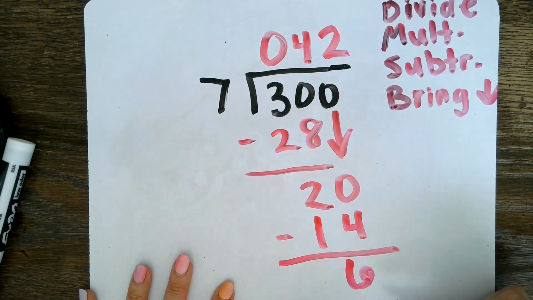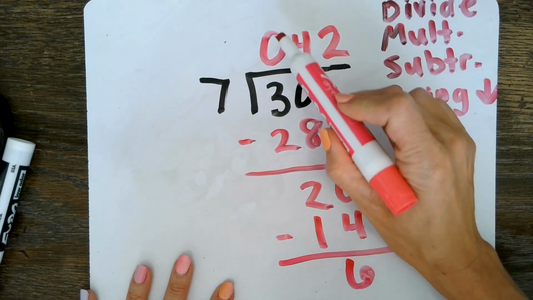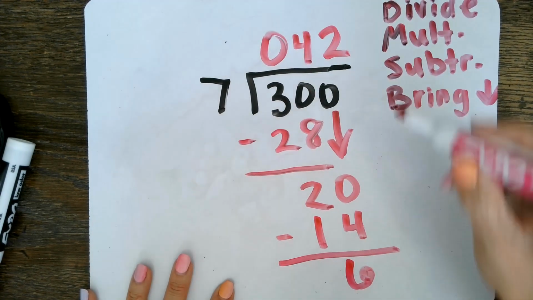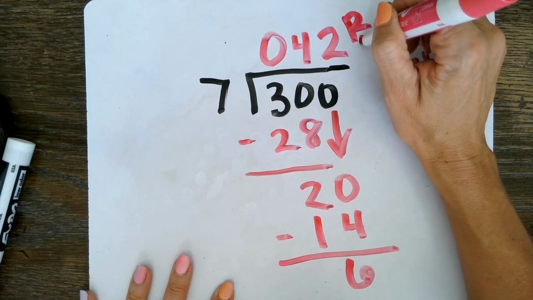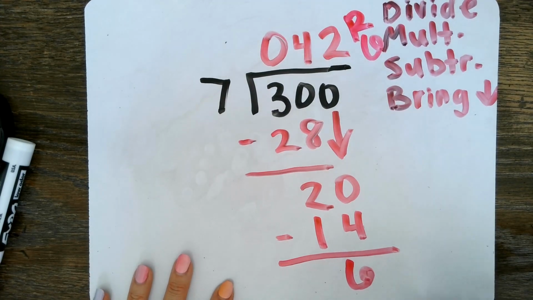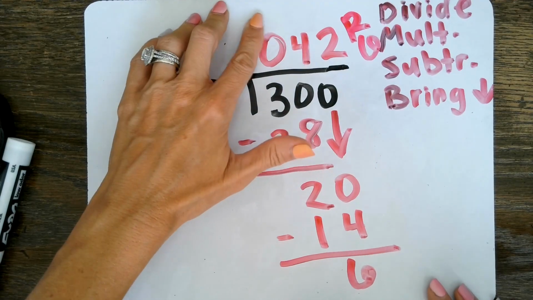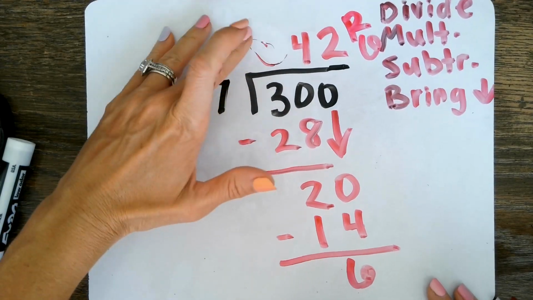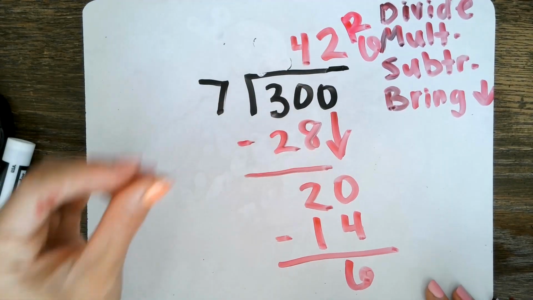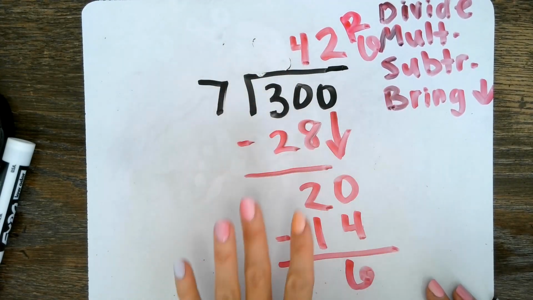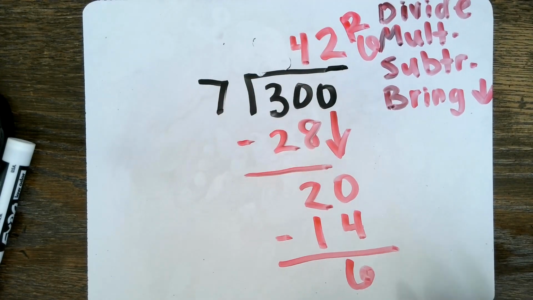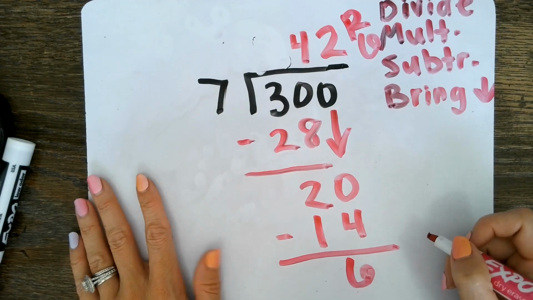We can't bring anything else down. We can't do anything else. All of our place value spots are taken up here. So that's going to be a remainder. 42 R 6, remainder 6. And I usually erase this or don't write it at all because we don't really need it, but it's nice to put it there just to keep track of what part of the place value we're at. So let's go ahead and check our answer.